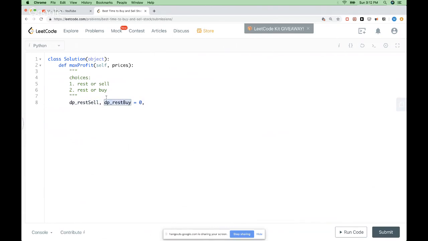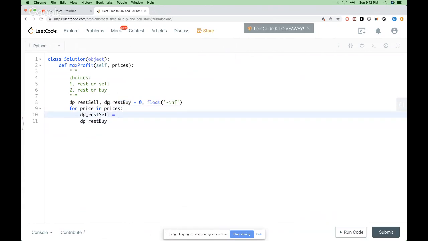I could have a table, but since it's just relying on the previous value, it doesn't matter. And we can have this is the min, and basically we go through the list of prices, and let's update the values of these two.